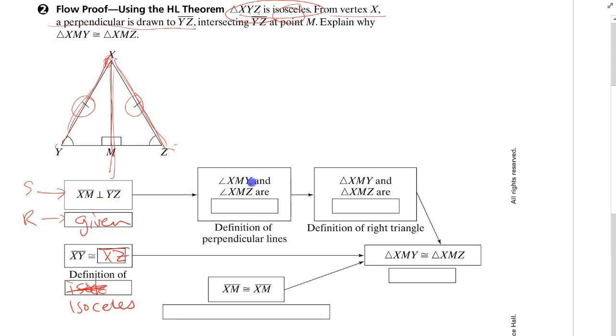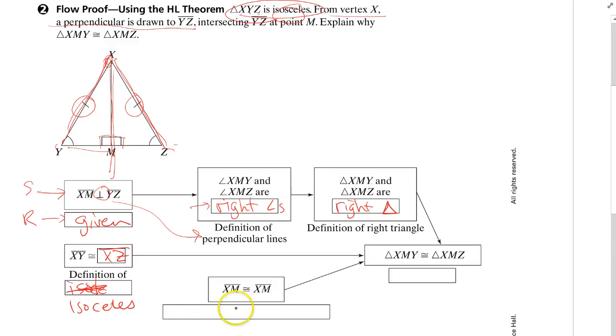Well, XMY and XMZ are right angles. And we can say that they're right angles because we just said over here that there were two perpendicular lines. Definition of perpendicular says that it creates right angles. Then we also have XMY and XMZ would actually be right triangles because they have right angles.